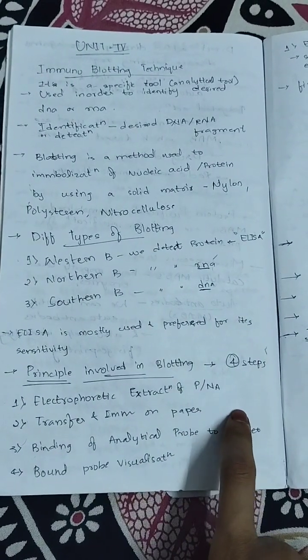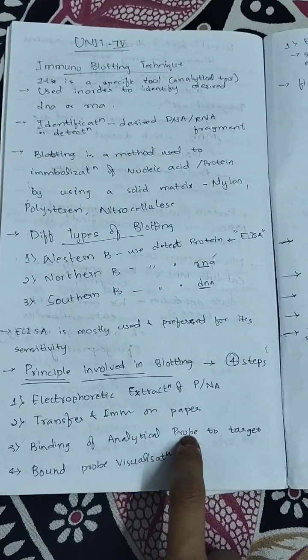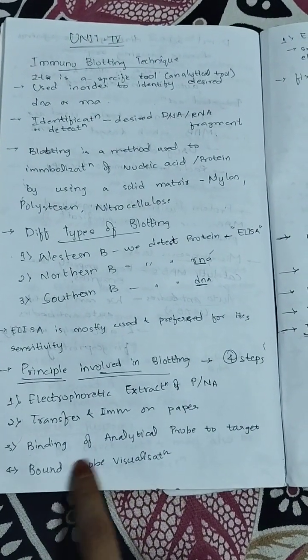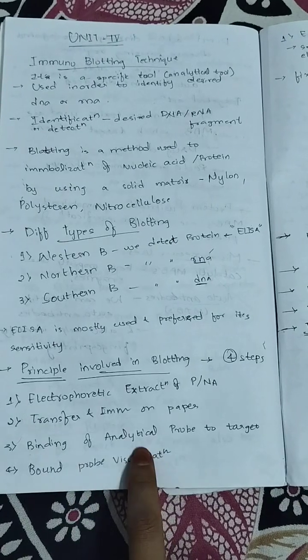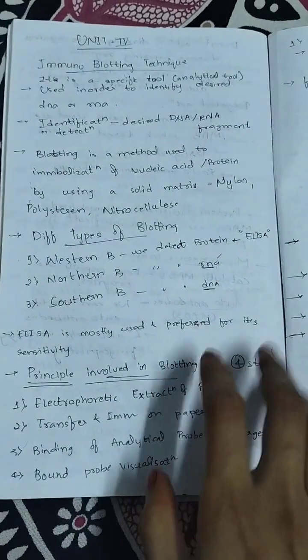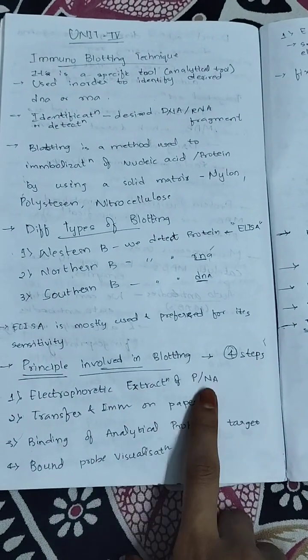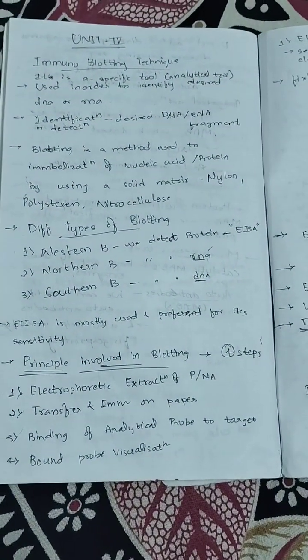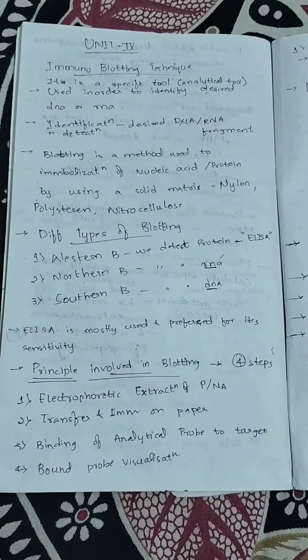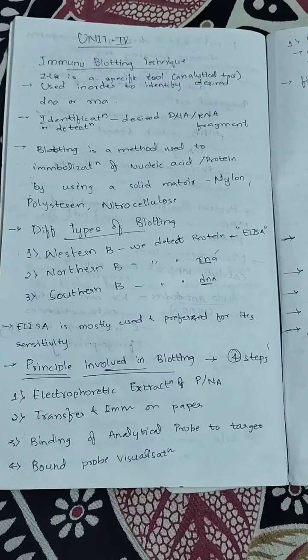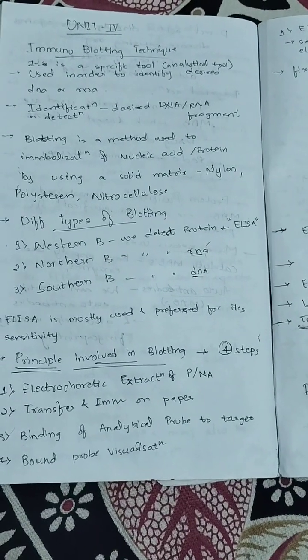Then an analytical probe is bound to the immobilized proteins or nucleic acids, and the bound probe undergoes visualization. So these are the steps. First is electrophoretic extraction of protein or nucleic acid, then transfer and immobilization on the paper, binding of the analytical probe to the target, and bound probe visualization.